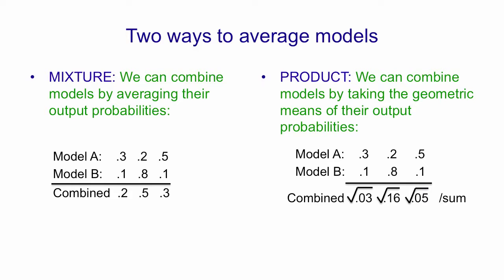That's the geometric mean. And the geometric means will generally add up to less than 1, so we have to divide by the sum of the geometric means to normalize the distribution so that it adds up to 1 again. You'll notice that in a product, a small probability output by one model has veto power over the other models.